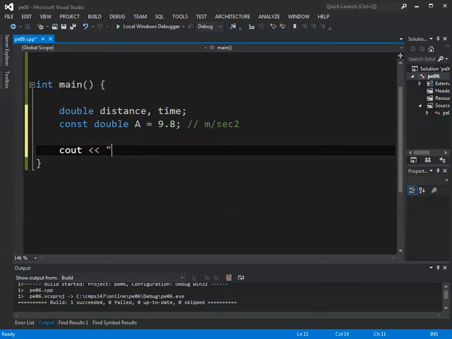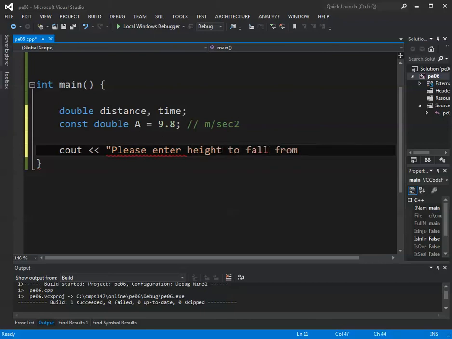So I'm going to say, please enter height to fall from, and I'll explicitly prompt in meters. Certainly if the user's typing in feet, if they're typing in yards, they're typing in centimeters, our calculation technically will be right, but of course the user won't get back exactly what they think. So we'll try to make sure that we echo back out the input so the user is reminded that we were interpreting their numbers as meters. So we'll read in distance.